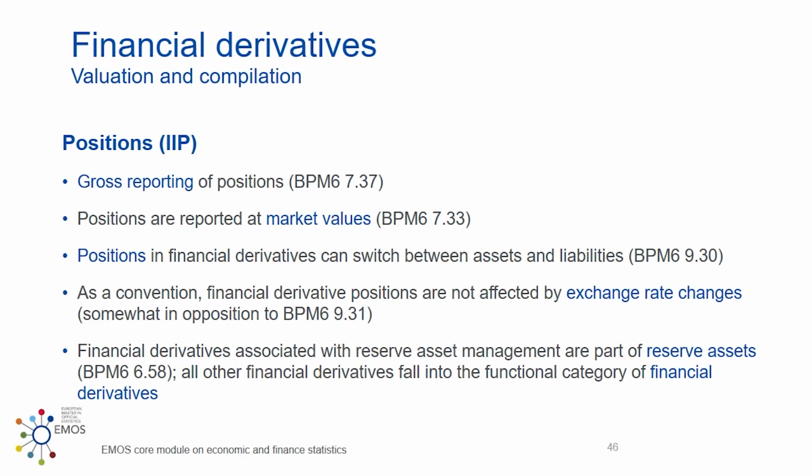So you will not see any statistic telling you how exchange rate effects affected financial derivatives, but only a report on the market price changes. And again, similar to transactions, financial derivatives are always in the functional category of financial derivatives unless they are used in the management of reserve assets.